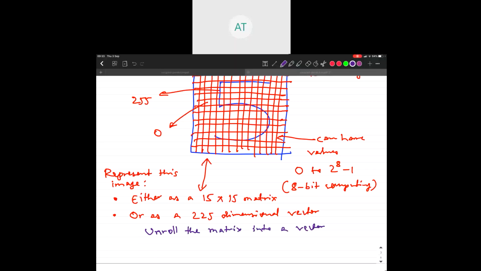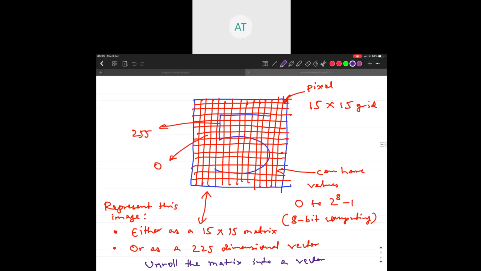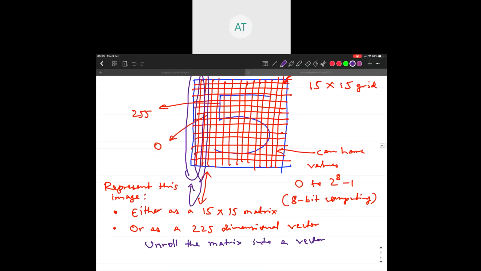So basically, you can take this entire chunk, from here to here, and put them as the initial members of this vector, and then you can take the next chunk and place it below this, and so on. You continue till you have a 225 dimensional vector.